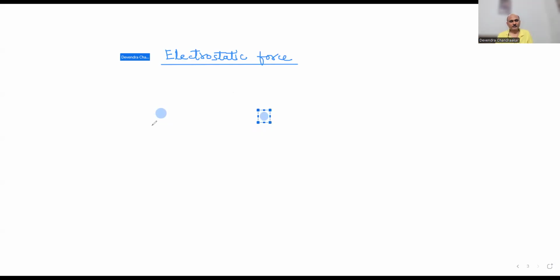So these are the two charges, Q1 and Q2, and the distance between the two charges is R. Now, the force is proportional to the product of the charges and inversely proportional to the square of the distance between the charges. This is the magnitude of the force.